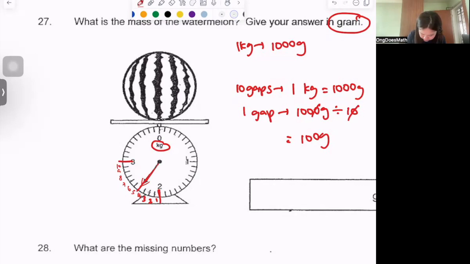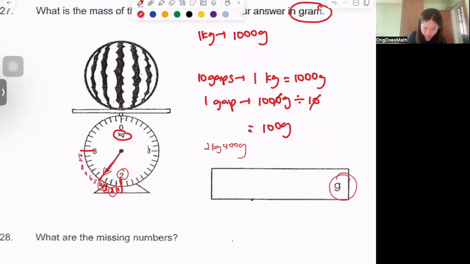There's 1, 2, 3, 4. So that's 400 grams, which means it will be 2 kg plus this 400 grams. So 2 kg, 400 grams. But they only want it in grams, so we have to convert the kg into grams. So that will just be 2400 grams, because 1 kg is 1000 grams. So answer is 2400.